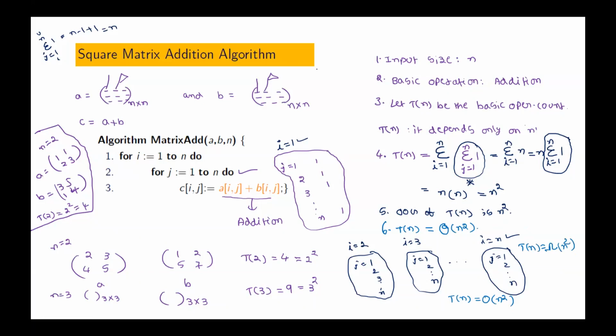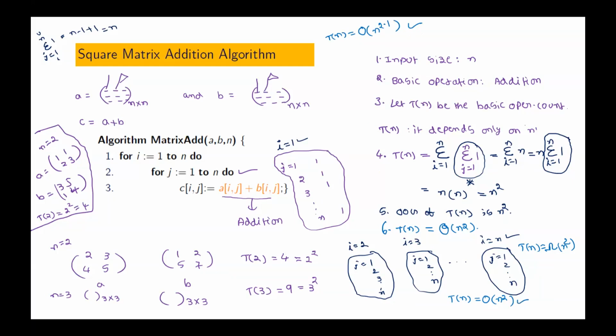Okay. Now give me one answer in terms of big O, which is also correct. One answer for T of n in terms of big O, but it should be correct. Big O of n to the power 2.1. This is also correct. But out of these two answers, which is our favorite answer?